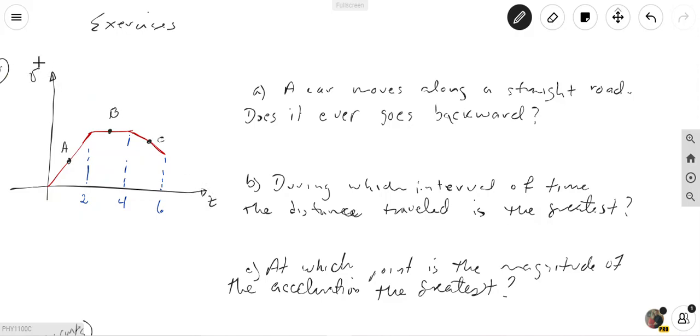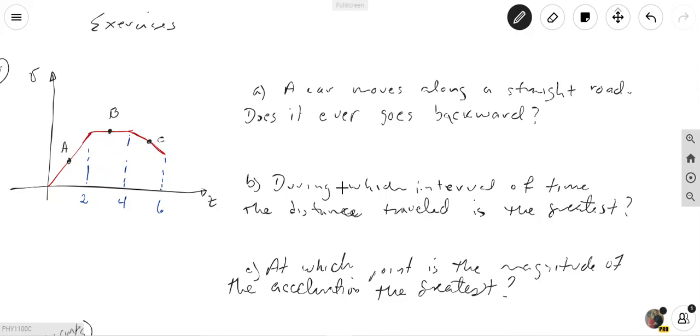But our graph here is a graph of velocity versus time. So you cannot get confused about that, right? We have here a velocity that is decreasing, but it doesn't mean that the car is going backward. It just means that we have a deceleration in the car. So this car is never going backwards.